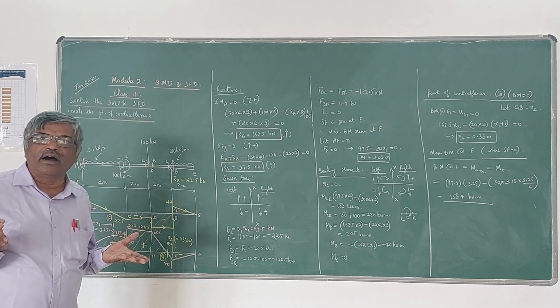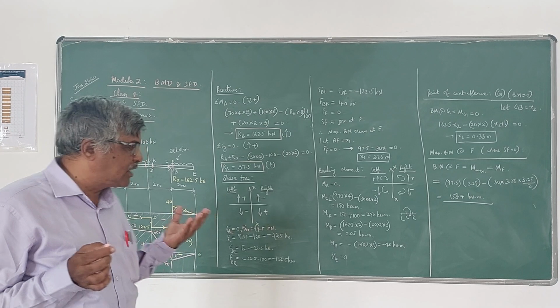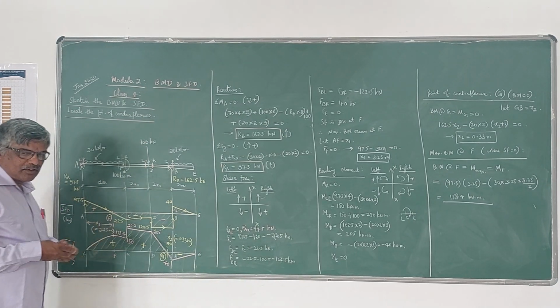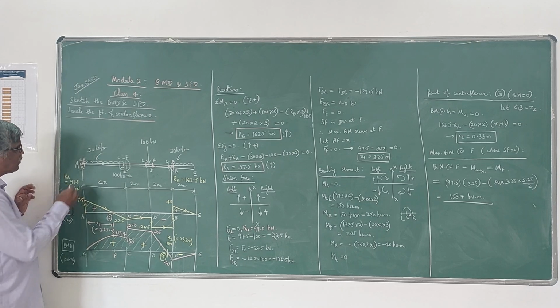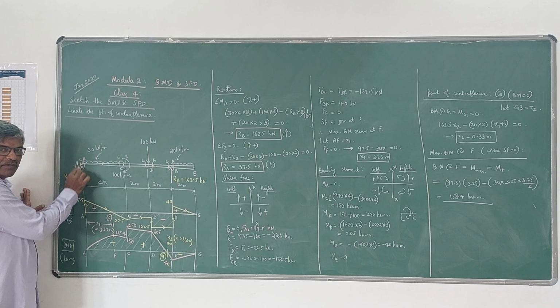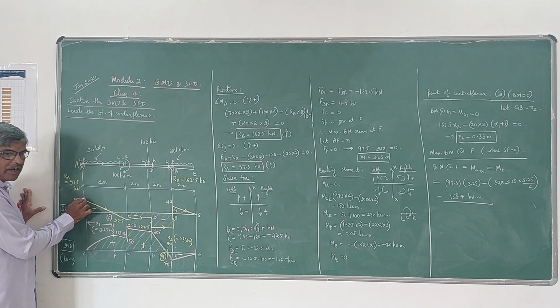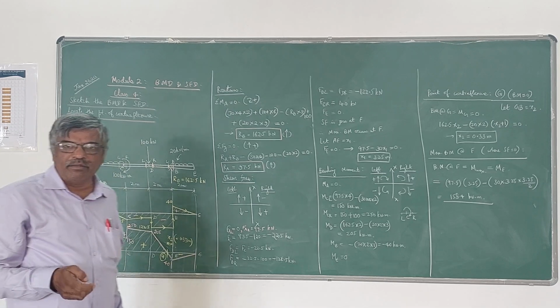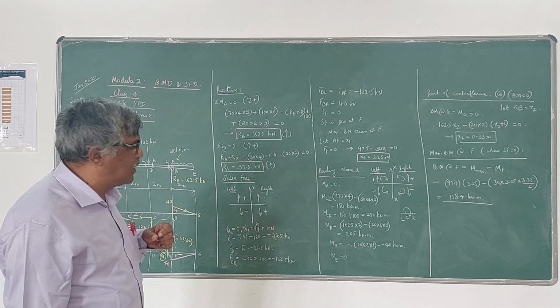I have explained in the earlier class how to write the shear force diagram in an easy way. What you have to do is start from point A. At A you have an upward reaction of 97.5, so move upwards by 97.5. Then from A to C you have a UDL, which means a linearly decreasing line.